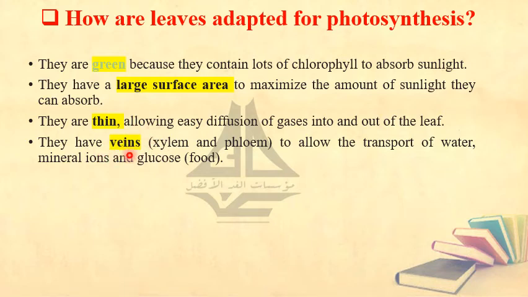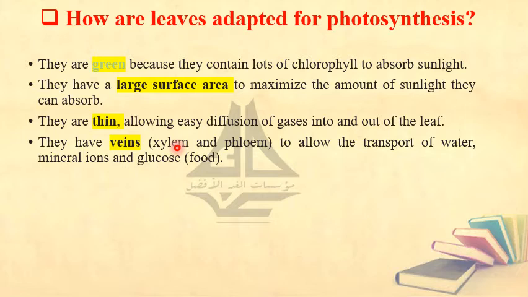They have a conducting system or veins. They are the xylem and the phloem. The xylem vessels or veins are responsible for transporting the crude sap. What do you mean by crude sap? Crude sap means water and mineral salts.